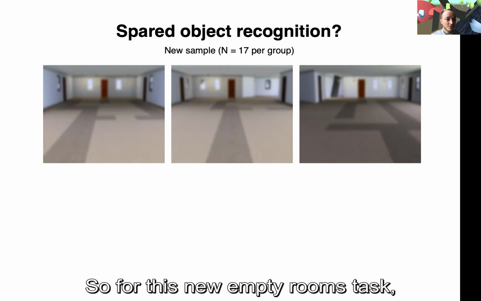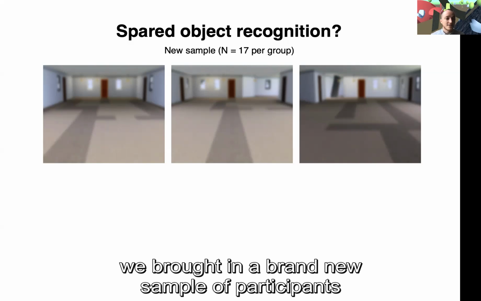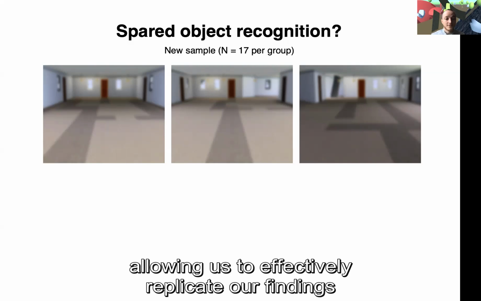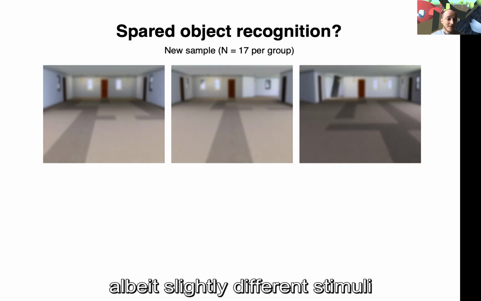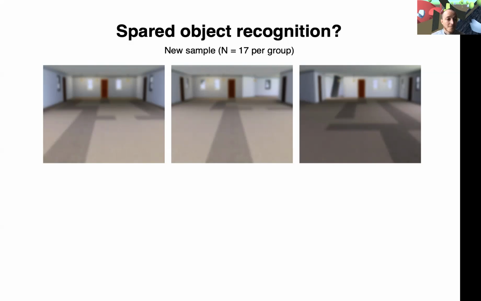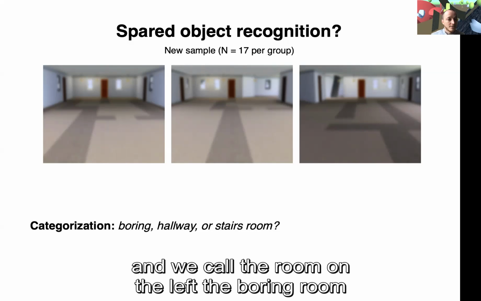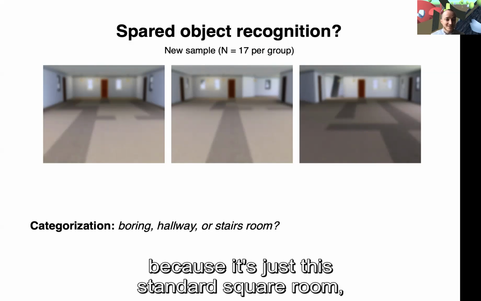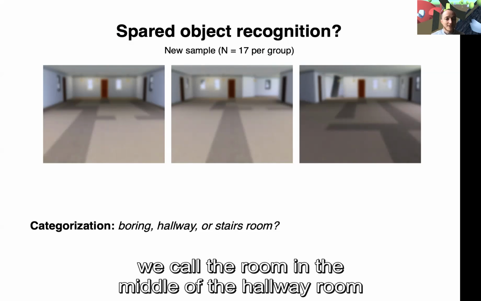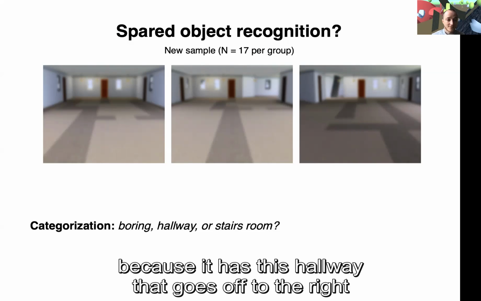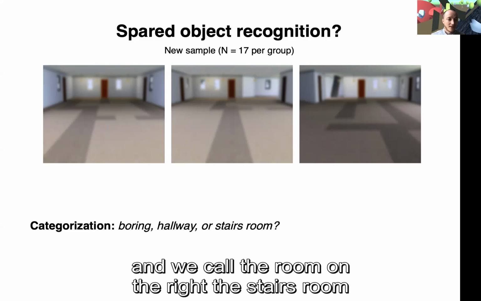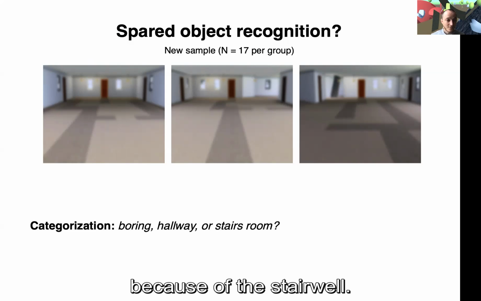For this new empty rooms task, we brought in a brand new sample of participants, allowing us to effectively replicate our findings, albeit with these slightly different stimuli. We called the room on the left the boring room because it's just this standard square room. We called the room in the middle the hallway room because it has this hallway that goes off to the right. And we called the room on the right the stairs room because of the stairwell.